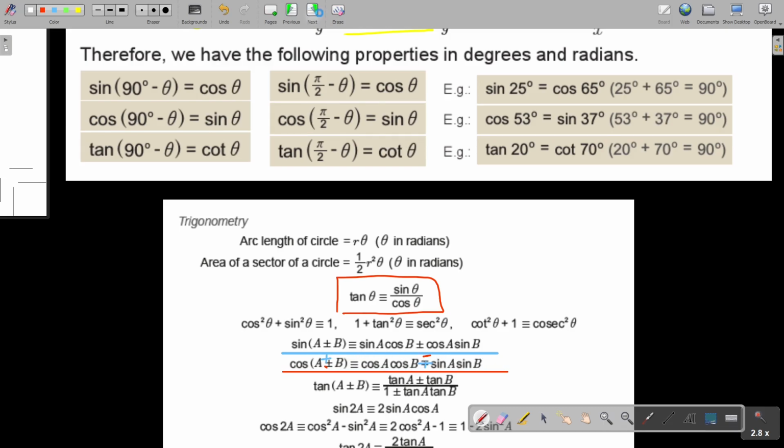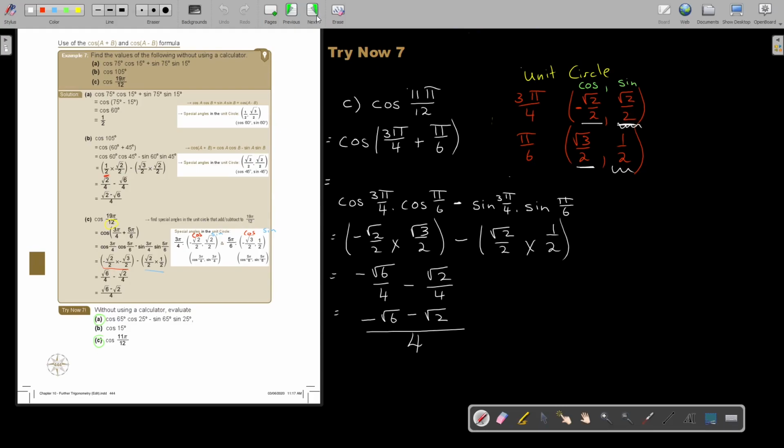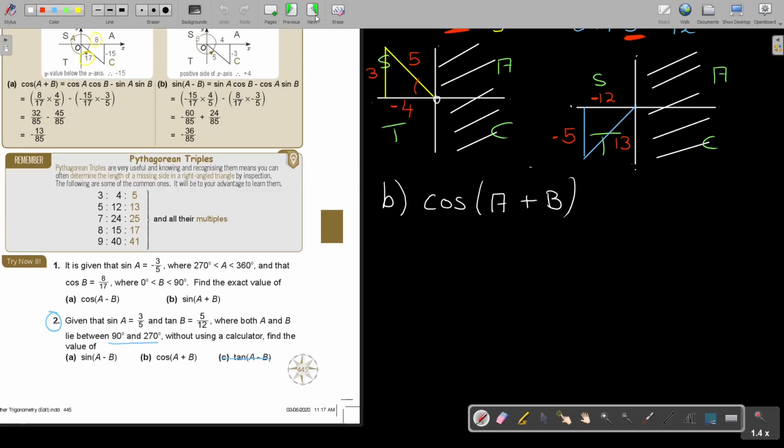Okay, so let's start writing it. So it's cos A cos B minus sin A sin B.